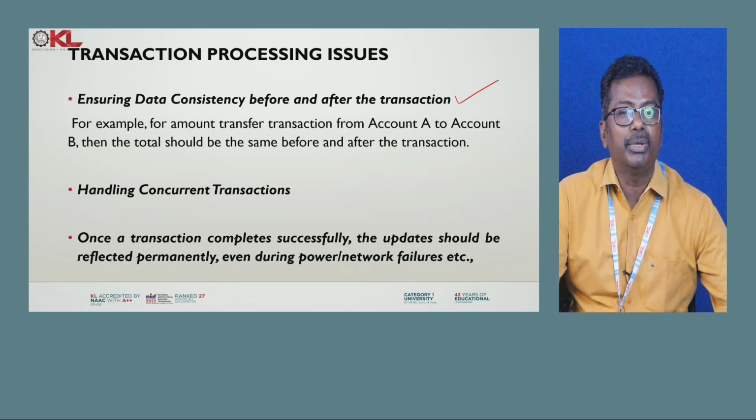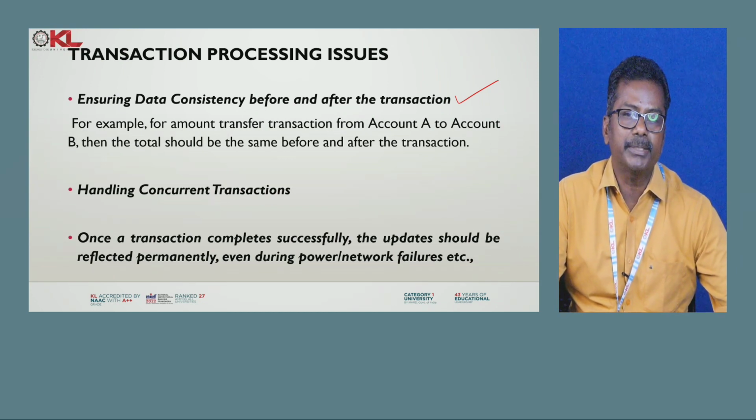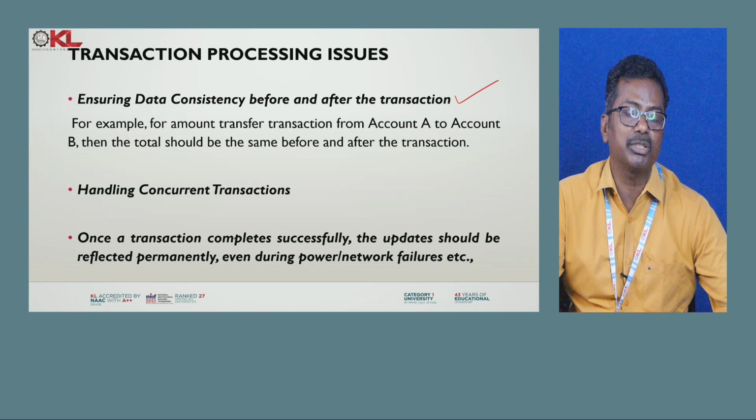Suppose you have 1000 rupees in your account and your friend has 2000 rupees in his account, and you want to transfer 800 rupees from your account to your friend's account. Before the transaction your account should show a balance of 1000 rupees, and after the transaction your account balance should show only 200 rupees, because you are transferring 800 rupees to your friend's account.